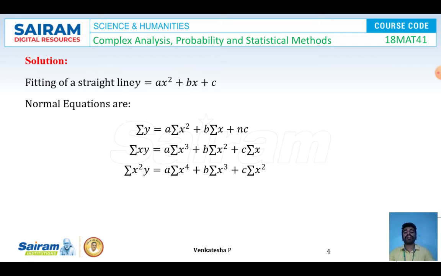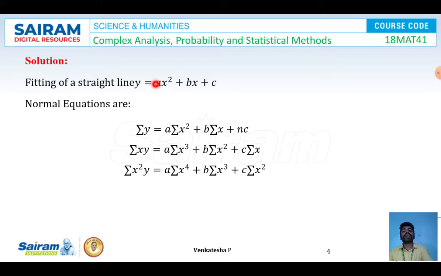So take the equation. First apply summation on both sides. We will get Σy = aΣx² + bΣx + nc. Multiplying by x for this equation and applying summation, we will get Σxy = aΣx³ + bΣx² + cΣx.